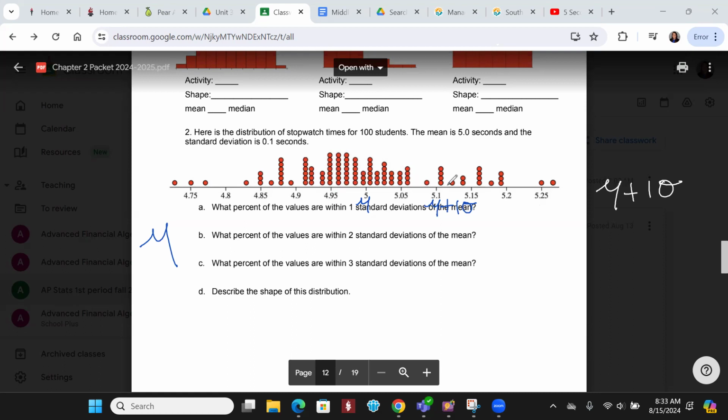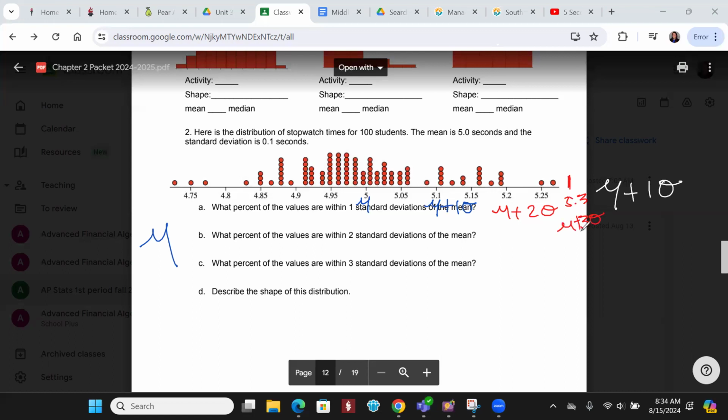Okay. Now, if I take 5.1 and I add another 0.1 to it, what is that going to be? 5.2, which is going to be mu plus 2 sigma. All right. Now, going the opposite way. We can add 5.3, which would be mu plus 3 sigma.